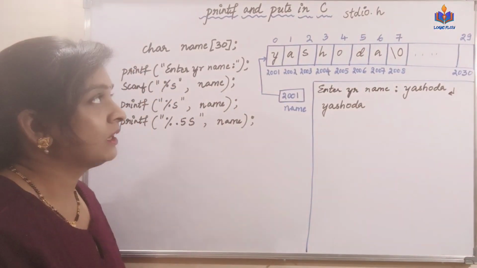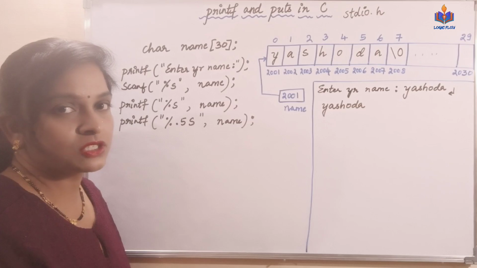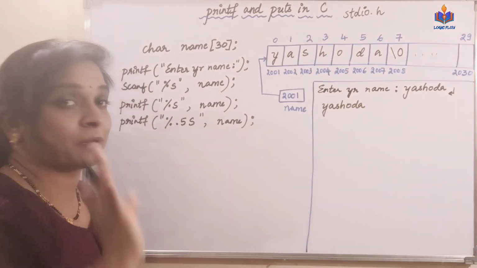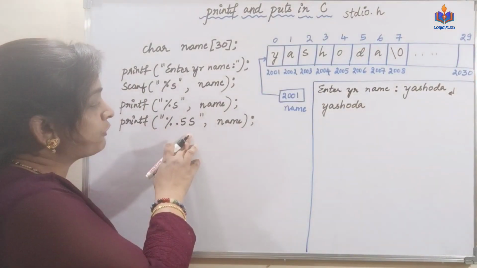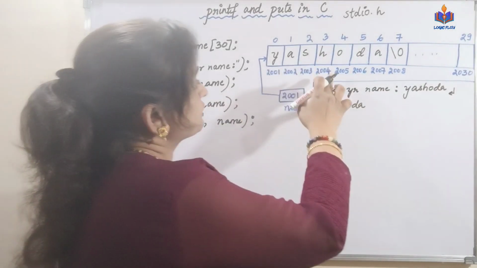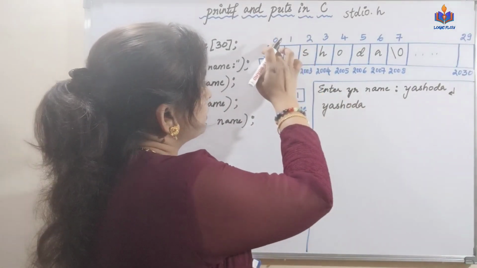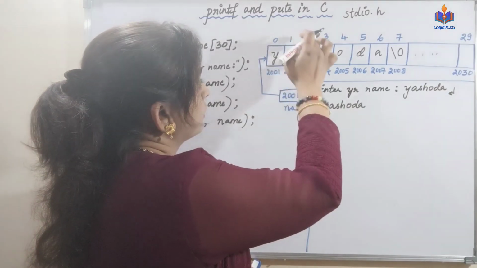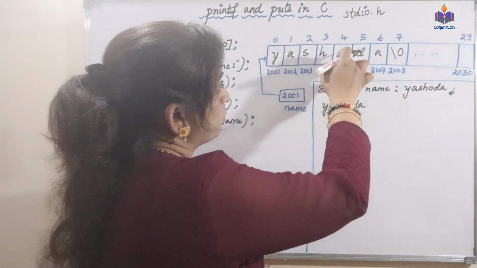Hence we'll include that. And when you save your file with .c extension, the compiler automatically gets a definition from the respective header files. As .5, it means you print the first 5 characters. That is from the index 0, 1, 2, 3, 4.